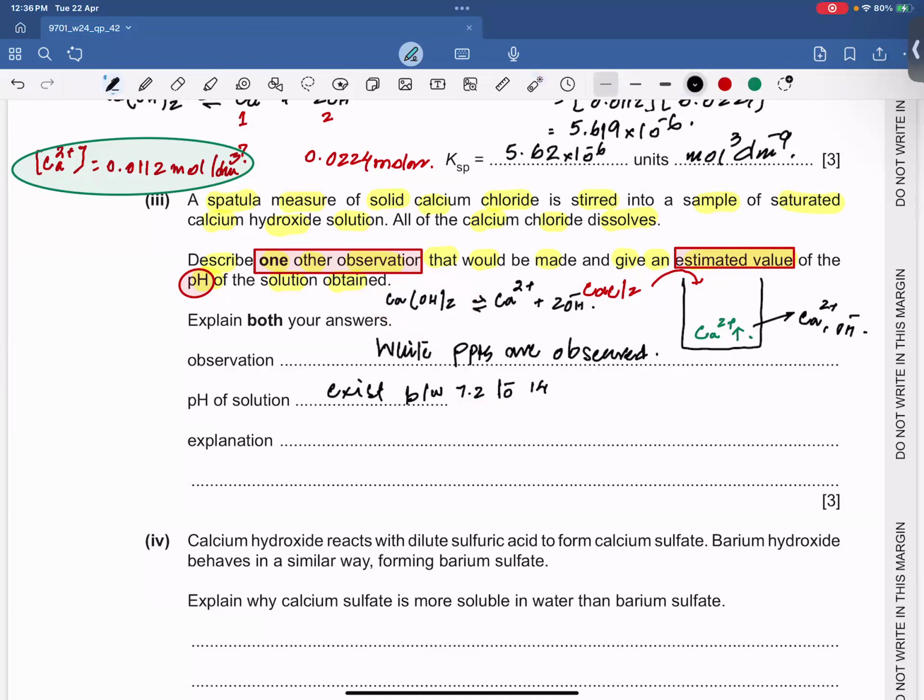Explanation. When aqueous calcium chloride is added, due to common ion effect, concentration of calcium ion increases.